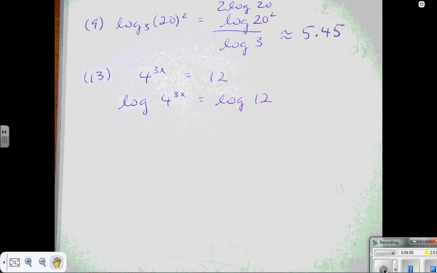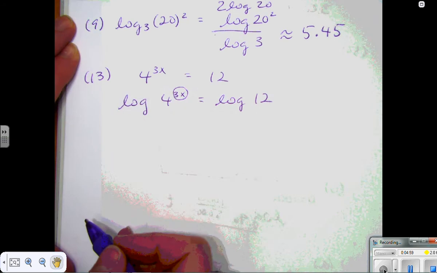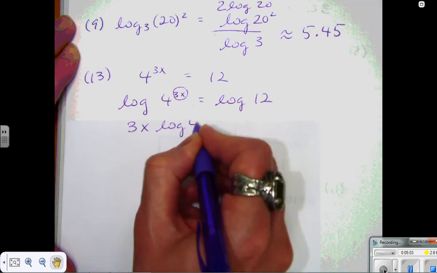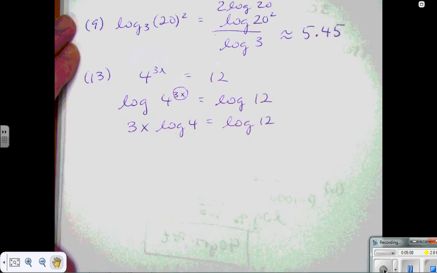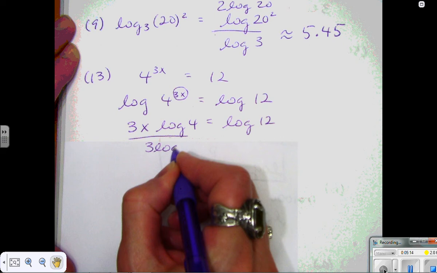Okay, and then this exponent here, this 3x, I'm going to write in front of the logarithm on the left. So now to solve for x, I'm going to divide both sides by 3 times log 4.